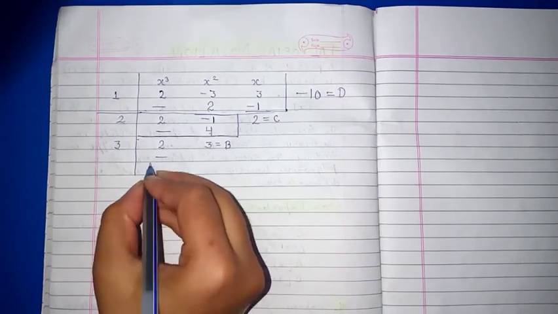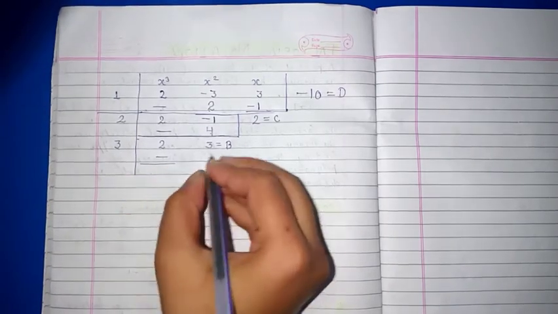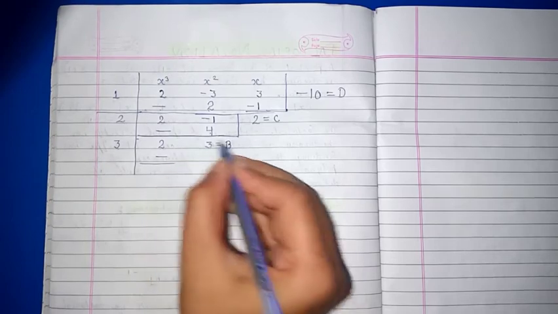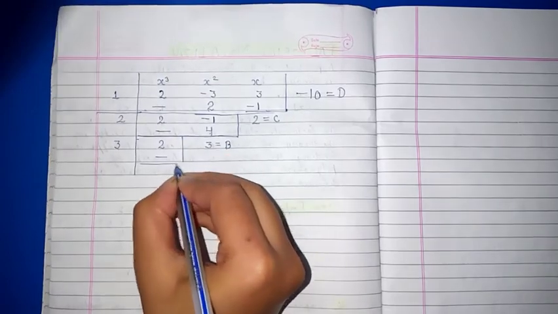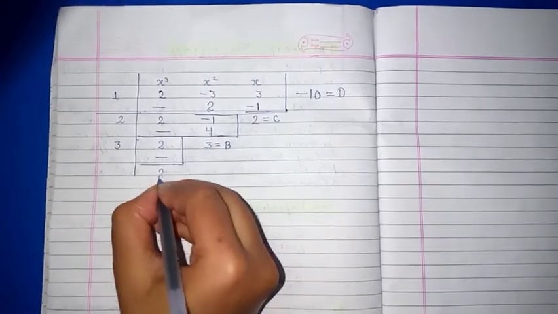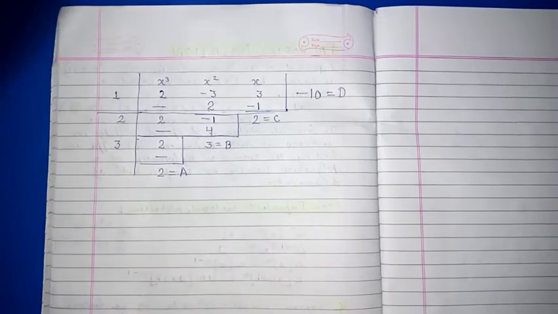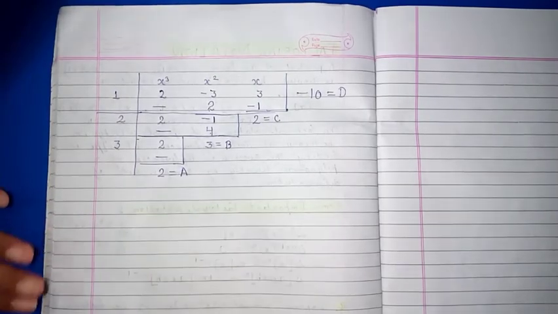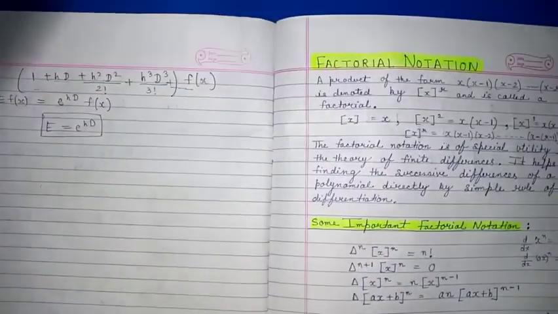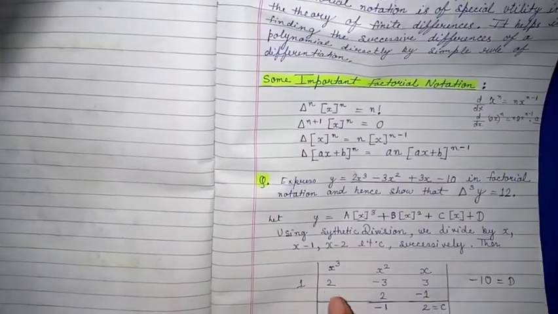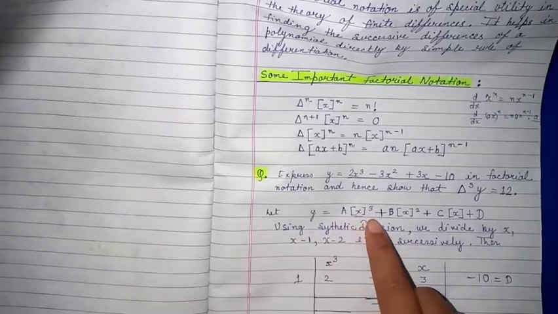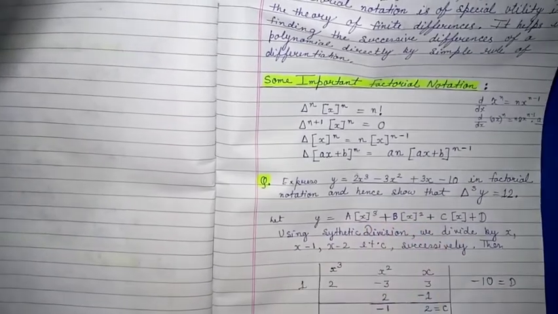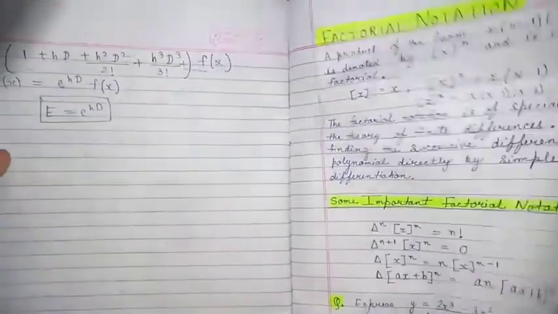So here we will write a dash, and this 2 is known as A. So we have considered earlier y equal to a factorial x cube plus b factorial x square plus c factorial x plus d.